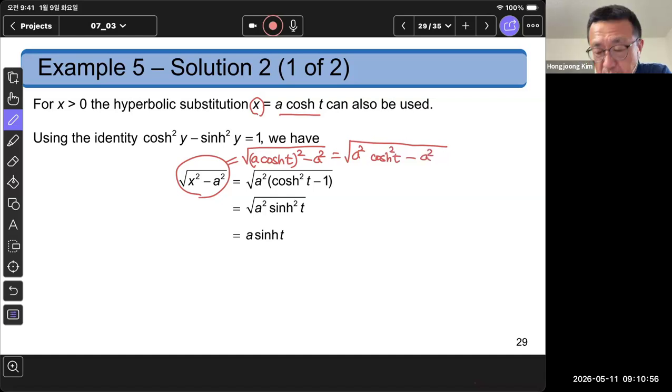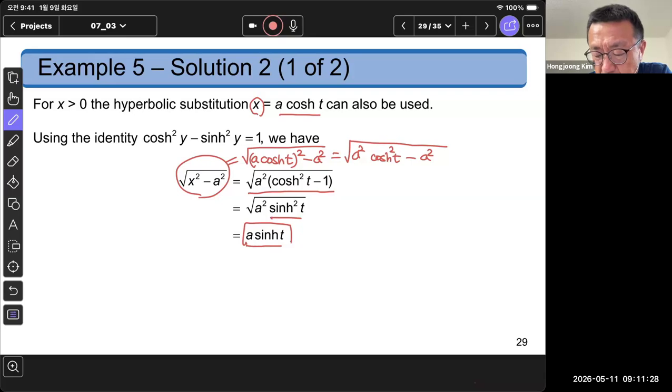So a squared is common. If I combine this with a squared, then you get a squared times hyperbolic cosine t squared minus 1. And hyperbolic cosine t squared minus 1 is hyperbolic sine t squared. So if I eliminate the square root sign, you get just a hyperbolic sine t. So that corresponds to the square root of x squared minus a squared.